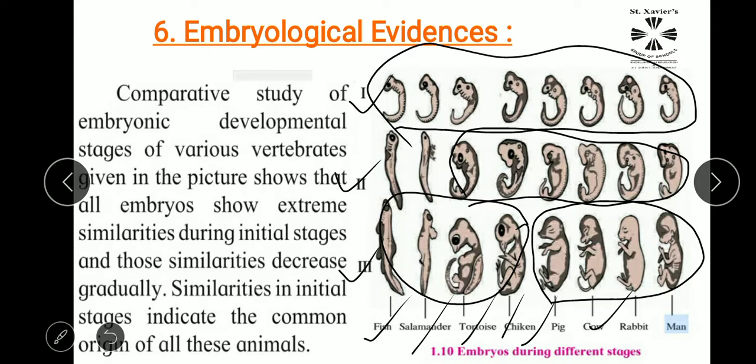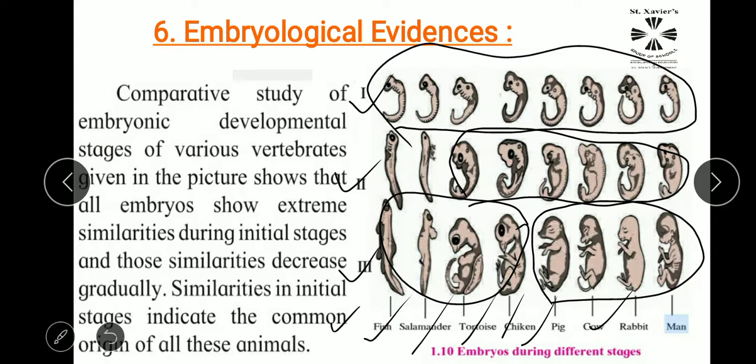So from this we can say embryos show extreme similarities during the initial stage, and those similarities decrease gradually. Similarity in the initial stage indicates a common origin of all animals. In the past their ancestors must have been the same. And this is again an evidence of evolution, students.